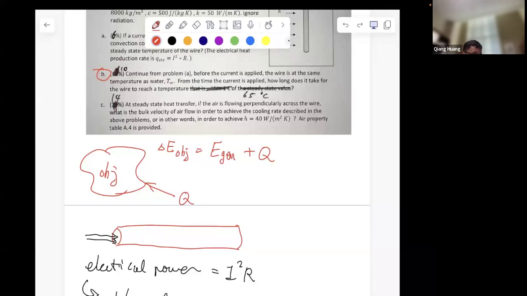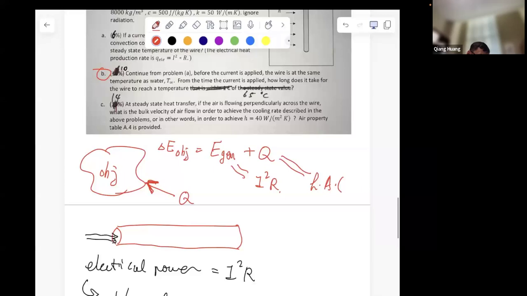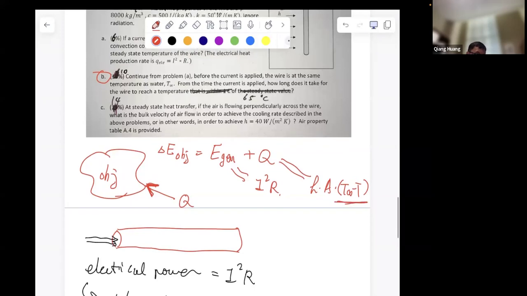So this will be the energy equation, which is the first law of thermodynamics. And in this case, the Q that is being transferred into the object, as I defined with this arrow, will be h times the surface area of the object times the infinite temperature minus T, because of the way that I define the arrow. If the arrow is opposite, then these two temperatures will be swapped.